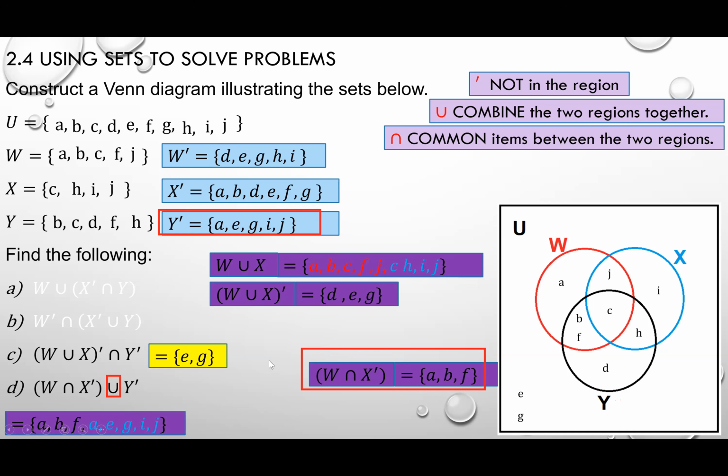If you want to write them like this, make sure you have a bracket and a comma in between. If you write it this way, they accept it. If you are nice, you don't double write the A, and that's the only thing that's doubled. But basically that's your answer.